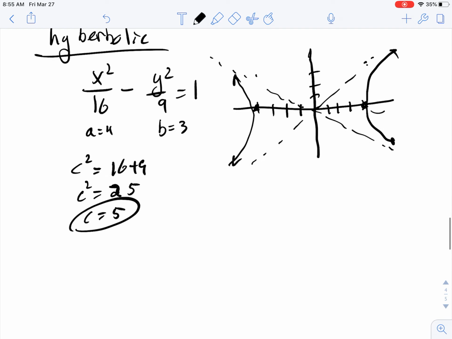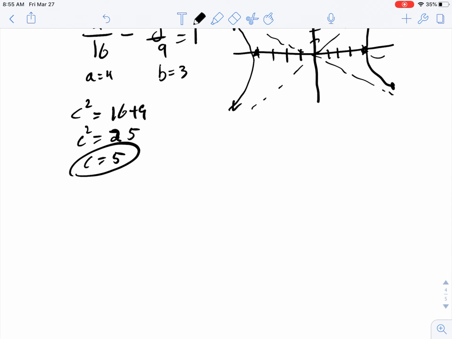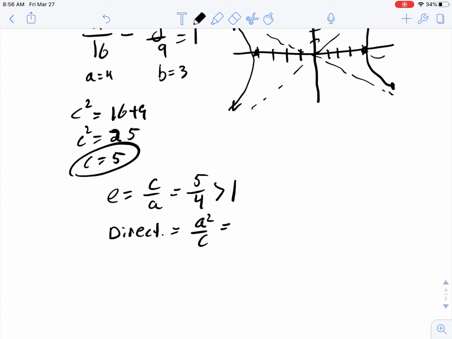All right, so let's go ahead and get this graph. Let's start off with my e. Here c is 5, a is 4. Notice it's greater than 1, which it should be. My directrix is a squared over c, so 4 squared over 5, so I have 16/5.